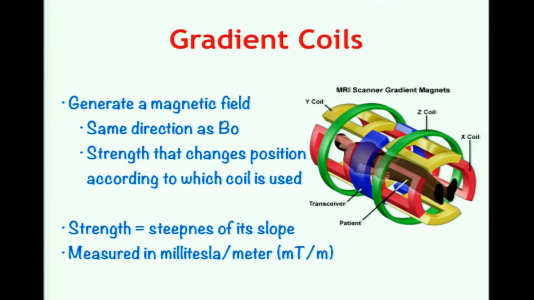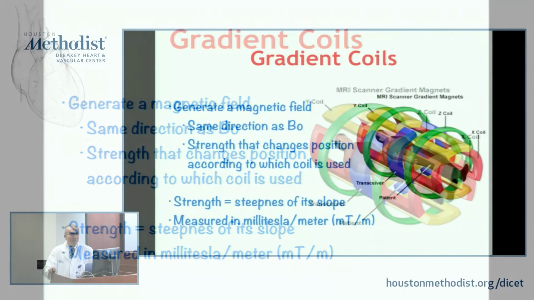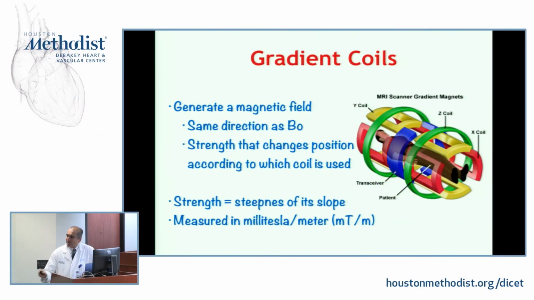The gradient coils also have a strength assigned to them, referred to as the steepness of the slope of the alteration of the magnetic field that it's able to achieve. The scale for gradients is on the order of about 40 to 50 millitesla per meter of an alteration.